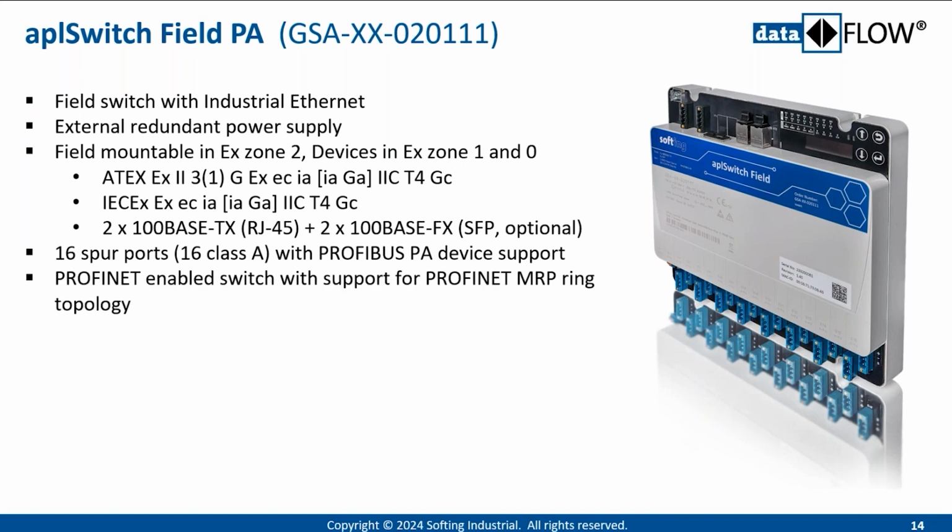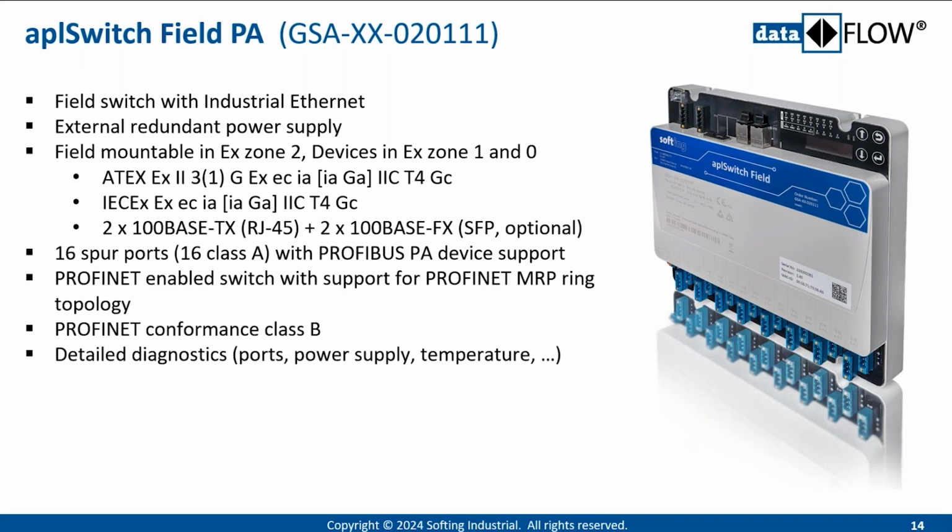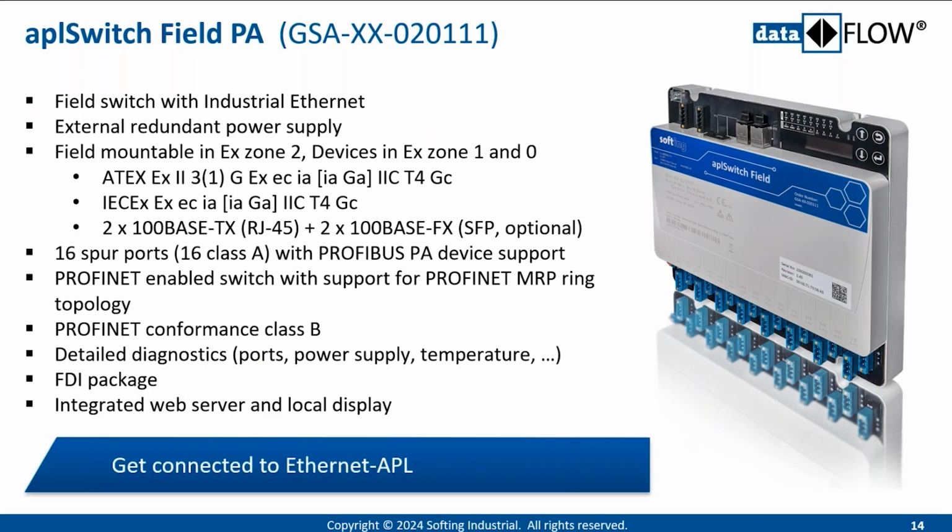Profinet enabled, MRP is for redundancy issues, conformance class B, detailed diagnostics, as I mentioned before, and also an FDI package. So that FDI package is mainly used by asset management systems if they don't want to use the web browser for that. Integrated web server, and we also have a local display. We talk about this in a second. And really the idea is to get connected to Ethernet-APL very quickly.